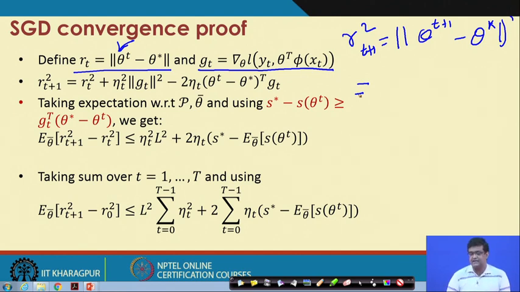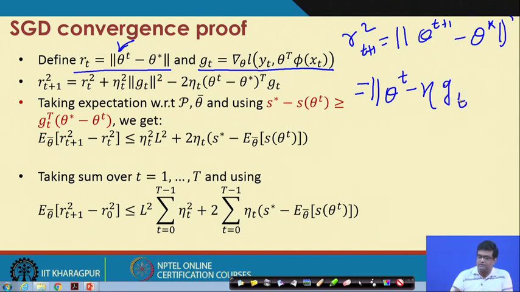So, what is the gradient descent update? It is theta t minus eta t times G t, and then minus theta star whole square.